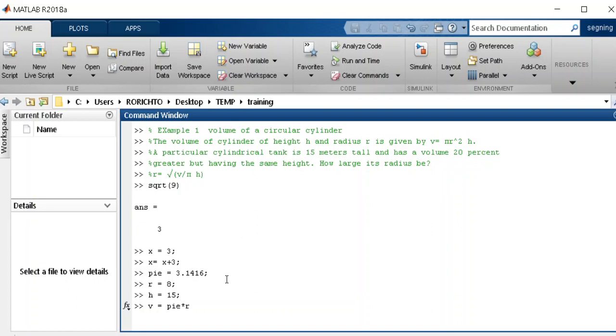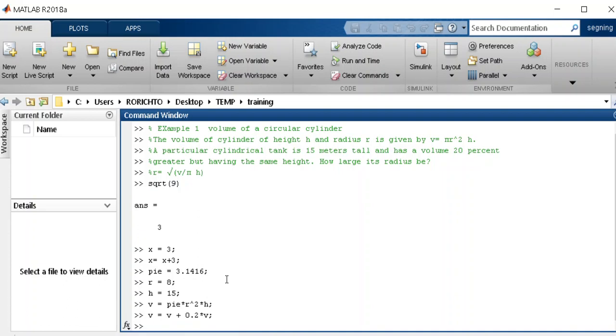pi multiplied by R exponential 2 multiplied by H. Then V equals V plus, then finally the square root.